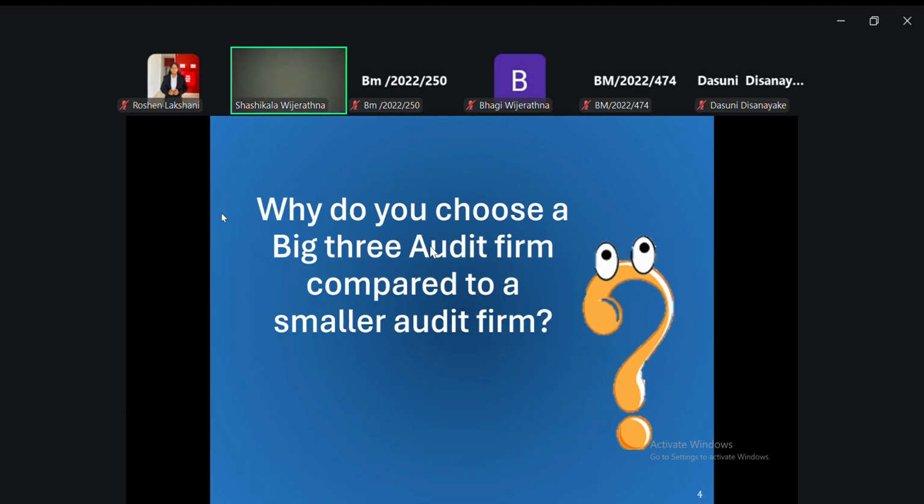Most clients go to a large scale Big Three audit firm because of their reputation and because we have that image in our mind that they do their job properly. They have good resources, a good level of experience, and a good reputation for doing their job well.